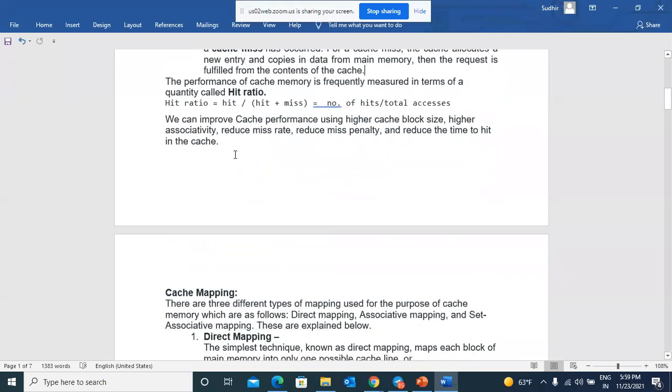Now, there are a few approaches. We can improve the cache performance using a higher cache block size, higher associativity, reducing miss rate, reducing miss penalty, and reducing the time to hit in the cache. We have some mapping.